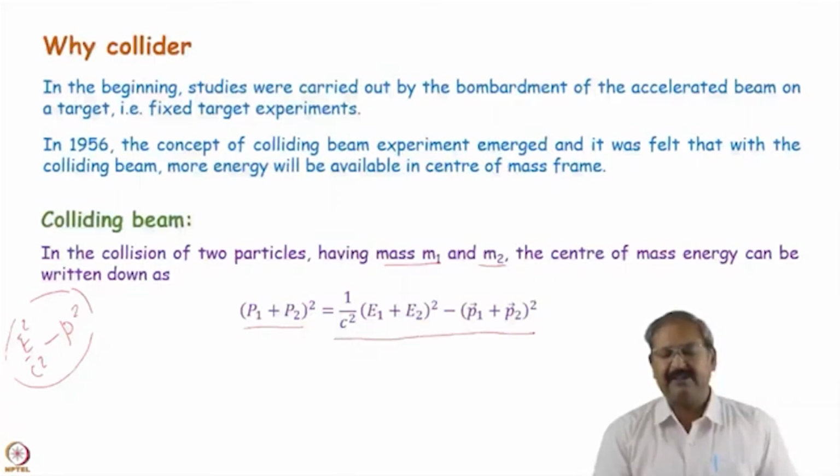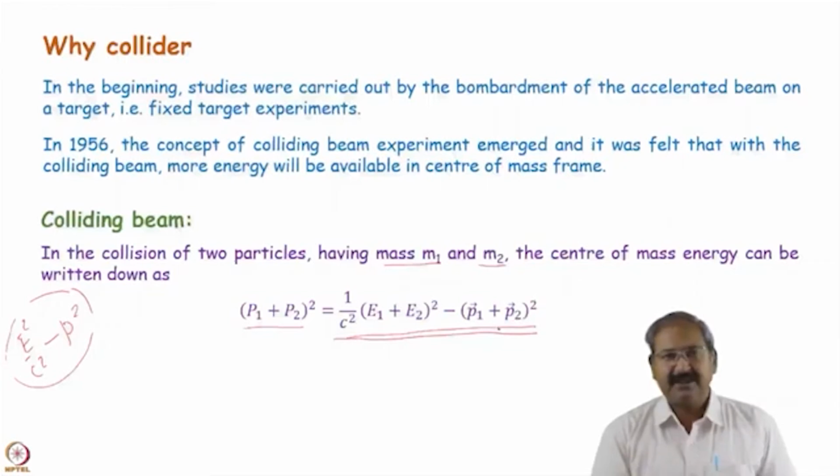This is the invariant, meaning the center of mass frame and the lab frame both see the same quantity. So this will be 1 by C square times (E1 plus E2) square minus (P1 plus P2) vectors and their square.